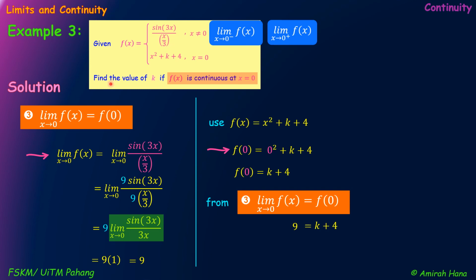Now we want to find the value of k. We move positive 4 to the left hand side, so we get 9 minus 4, so k equals 5. This is the final answer: the value of k is 5. Got it?